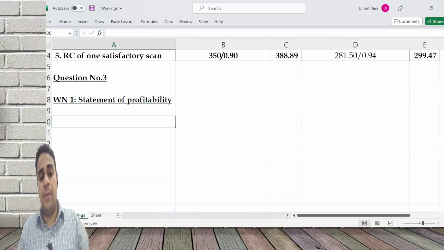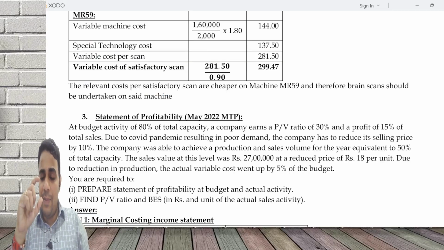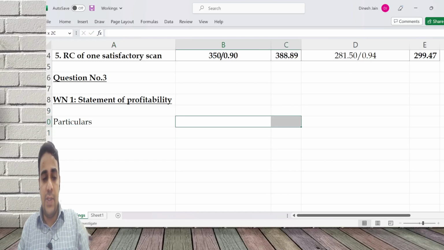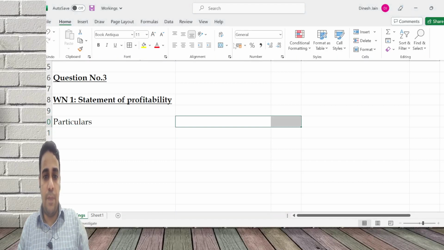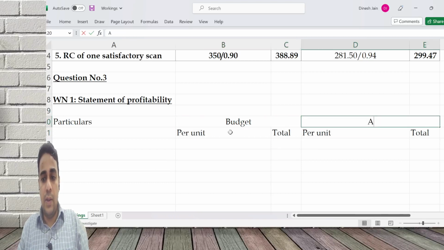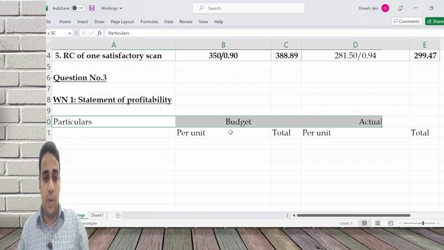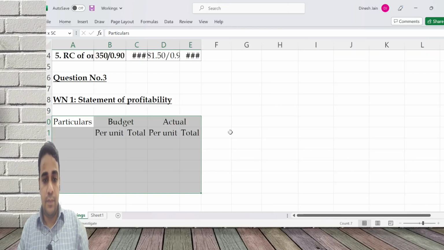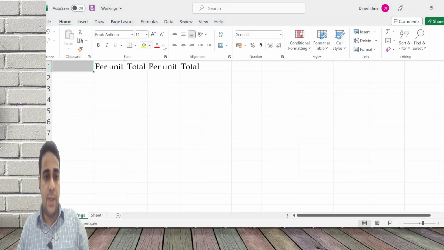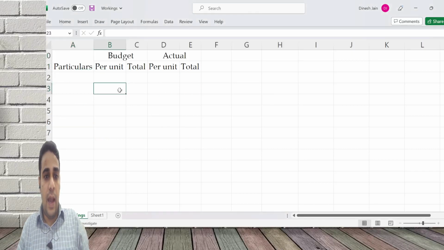Try to put the data in the marginal costing format. Particulars, budget per unit and actual per unit.